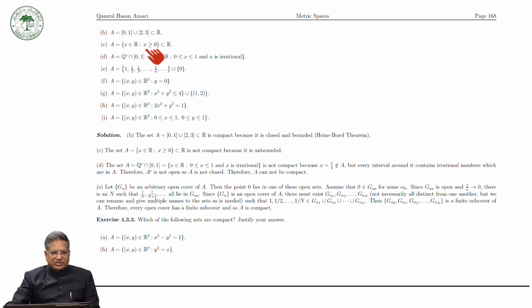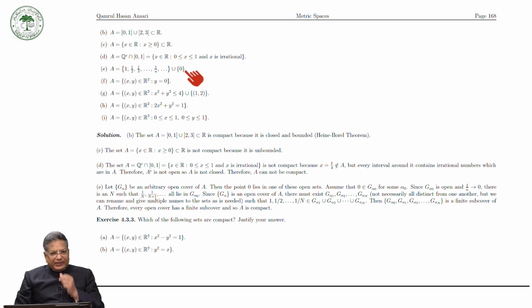So in all these exercises, B, C, D, E, I checked, and the solution is given, but for the rest you can do it by yourself. Especially up to E, you check whether these sets from A to E are closed and bounded or not.